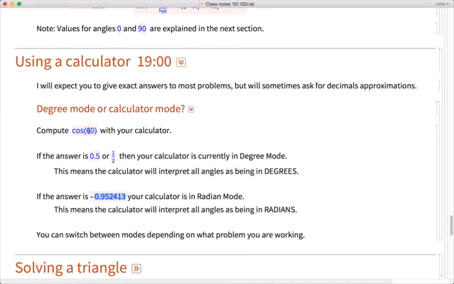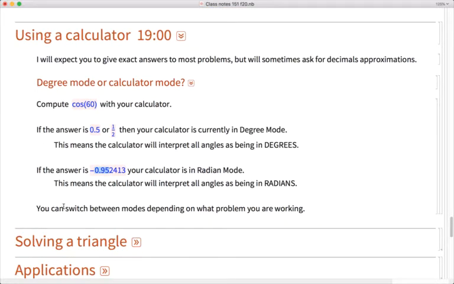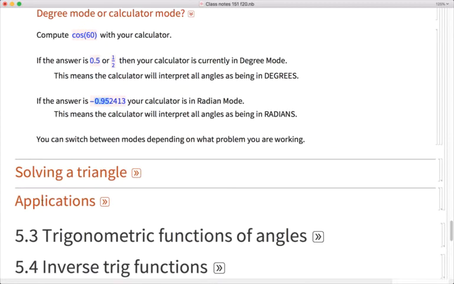And it turns out that the cosine of 60 radians is equal to this number. Your calculator's got a way to switch between modes, and you might need to do that depending on what problem you're working on, whether it's expressed in terms of angles in degrees or radians.